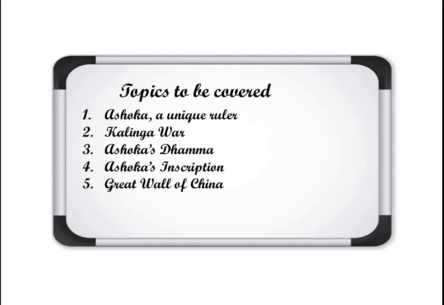As you know that in every chapter we take the elsewhere, and in that elsewhere we take the things those were going on in other lands at the same time. So here we'll talk about the Great Wall of China. And at last, of course, we will be taking the homework that will be on the basis of the topics covered in today's lecture. Okay, so let's start the topics one by one.